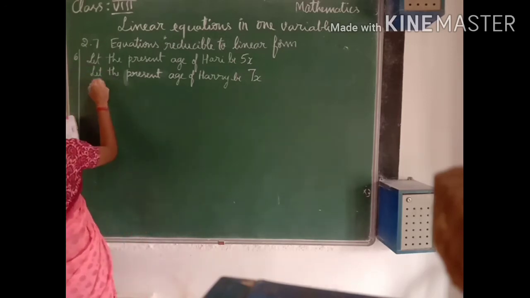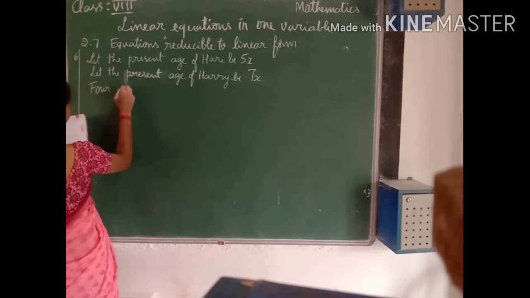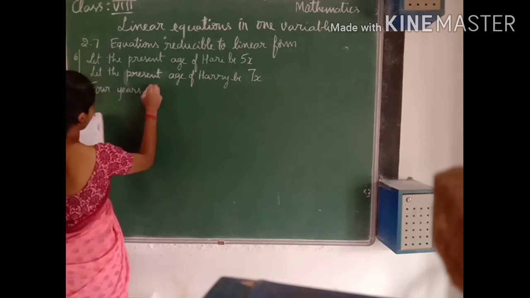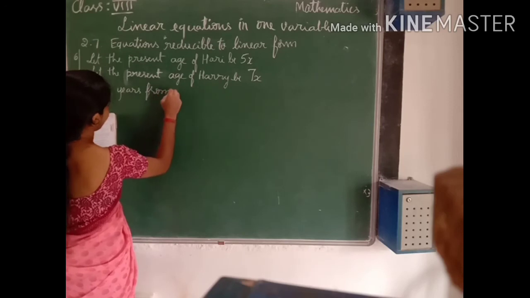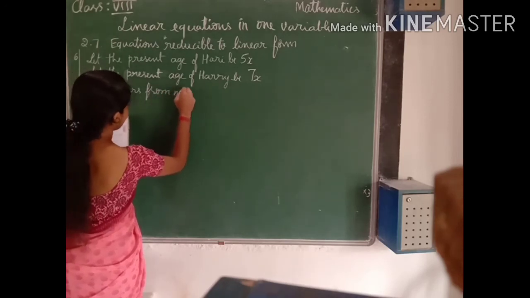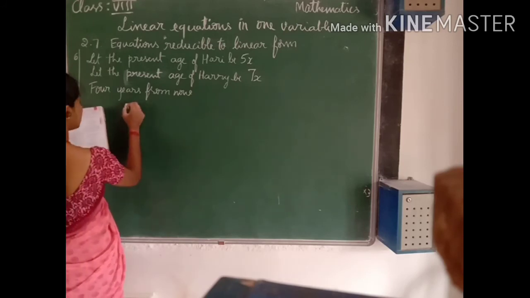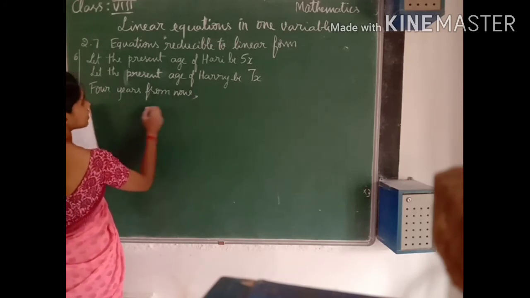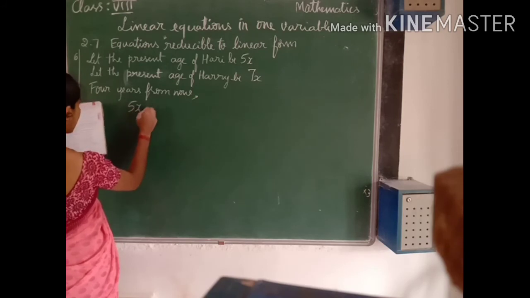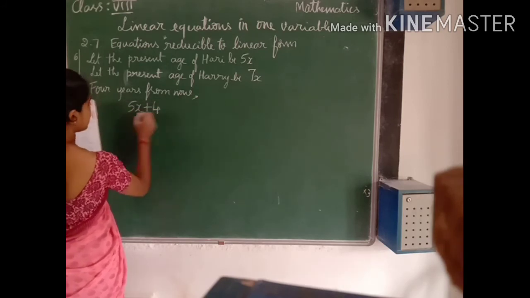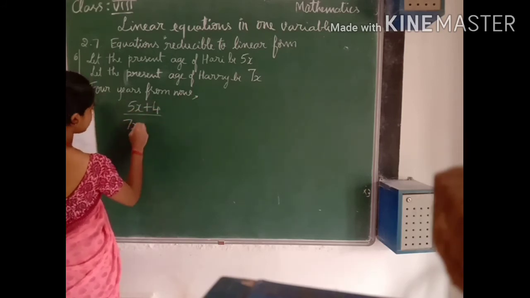So 4 years from now, the ratio of their ages, that means the ratio will be 5x plus 4 by 7x plus 4.